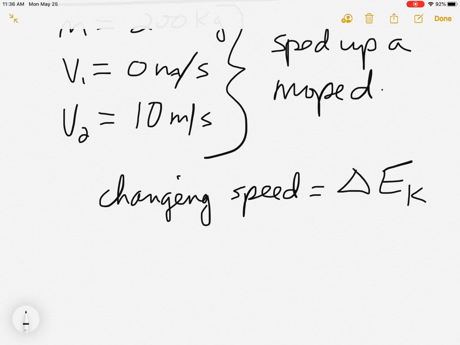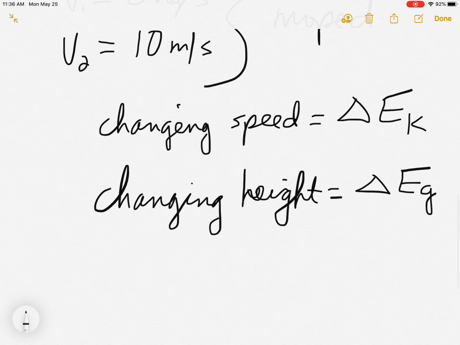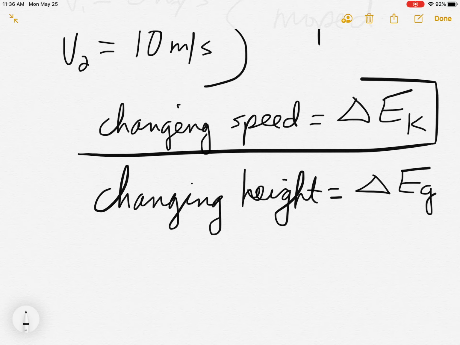Gravitational energy and kinetic energy. Kinetic energy is all about speed, and gravitational is all about height. So if you're changing height, like sometimes they'll say you're lifting something up, then you're talking about a change in gravitational energy. All right. But in our case, it's a change in speed.